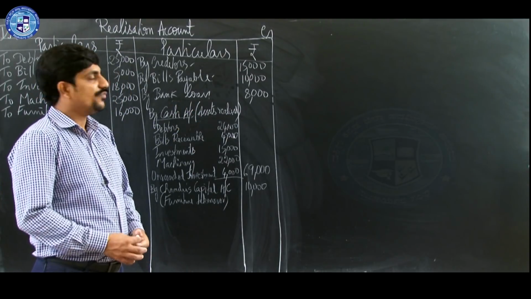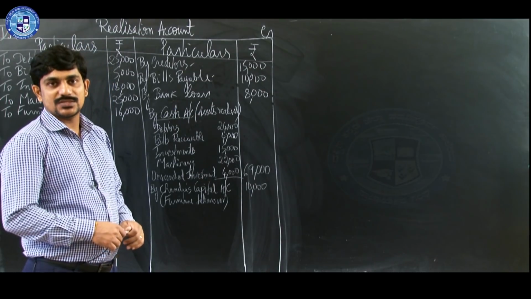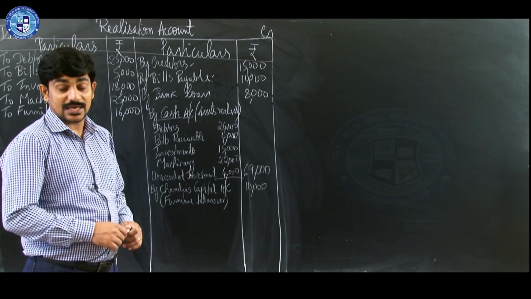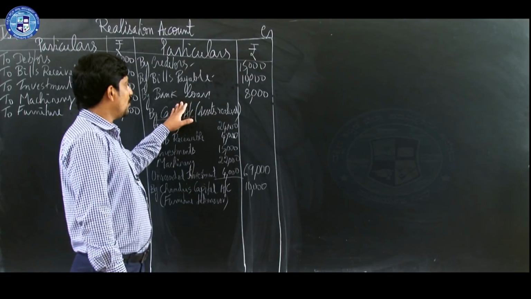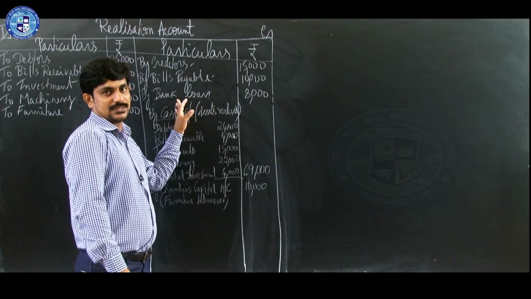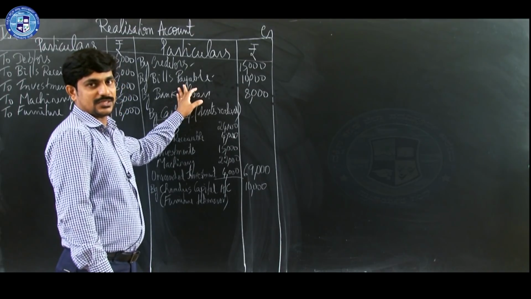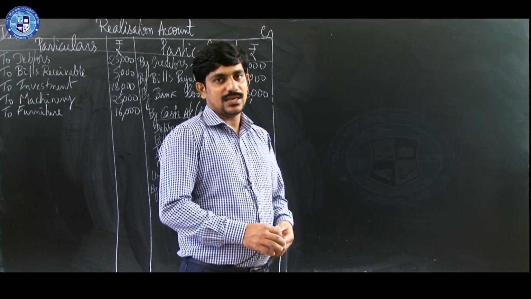Now in case for the external liabilities, if any adjustment is not given, like whether it is paid or taken over, any information is not given in the problem, then you have to pay the external liabilities. If adjustment is not given also, whether it is paid or not, then you have to pay the external liabilities.